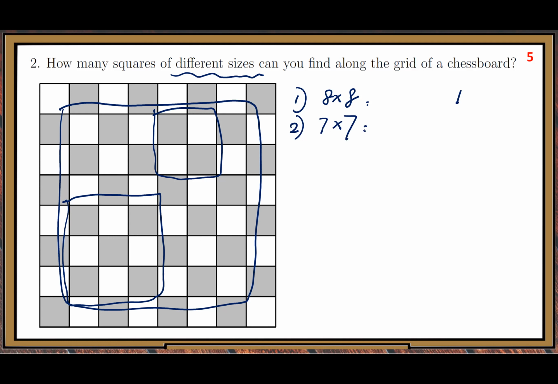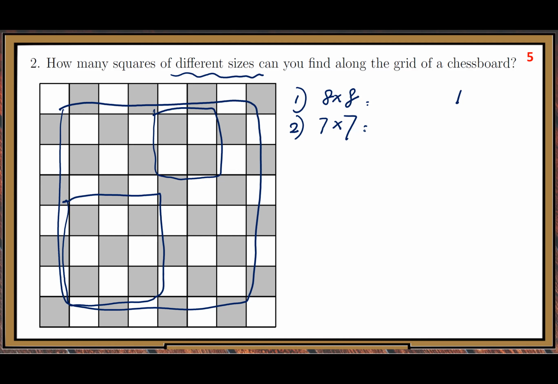Let me look at Madison's input. Overlapping allowed. So the only thing we care about is that it's a square. So overlapping squares, that's fine. No problem. All right, 7 by 7, 4.